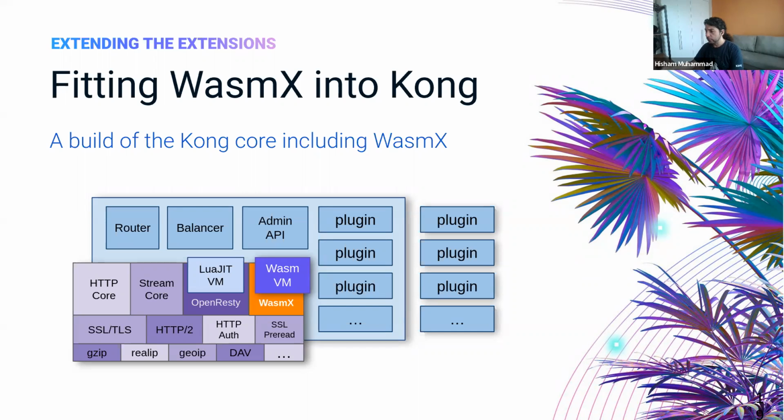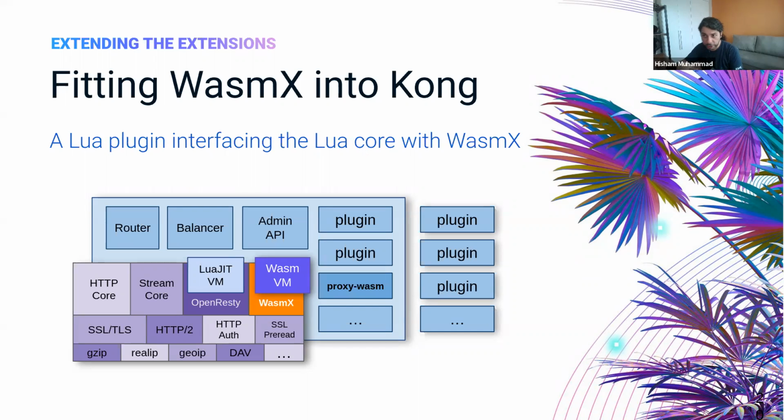For the tech preview, it's pretty logical when you think about it: how to extend the Kong gateway? Via Lua plugins. So what we really want to do here is extend the Lua gateway to make it WebAssembly enabled.